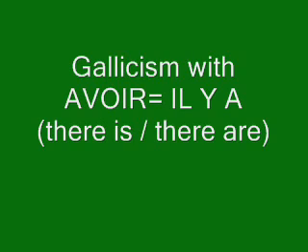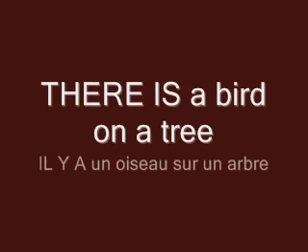Il y a means there is, there are. If you wish to say there is a bird on a tree, you will say in French il y a un oiseau sur cet arbre. Il y a, there is, there are.